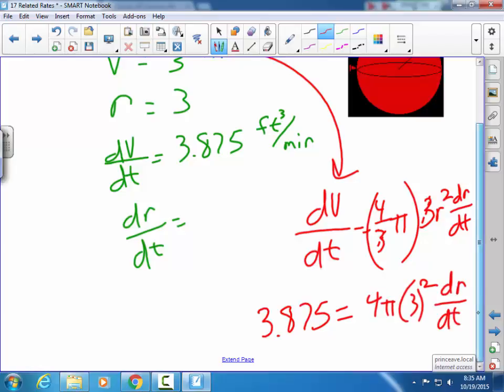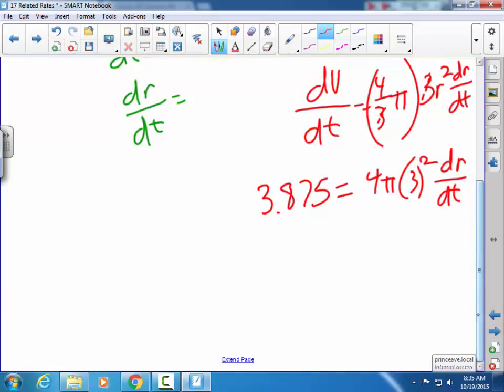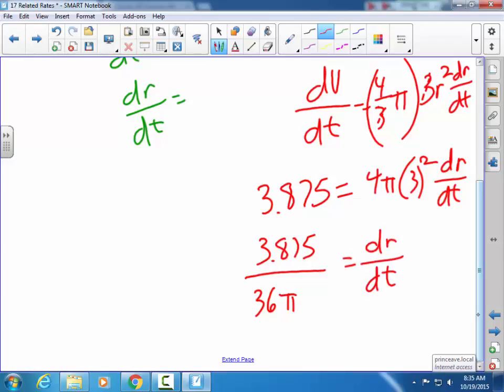And at this point, if I had a handy-dandy calculator, I would pull it out and figure out what this number is. 3.875 divided by 36 pi. That's what my dr over dt is.